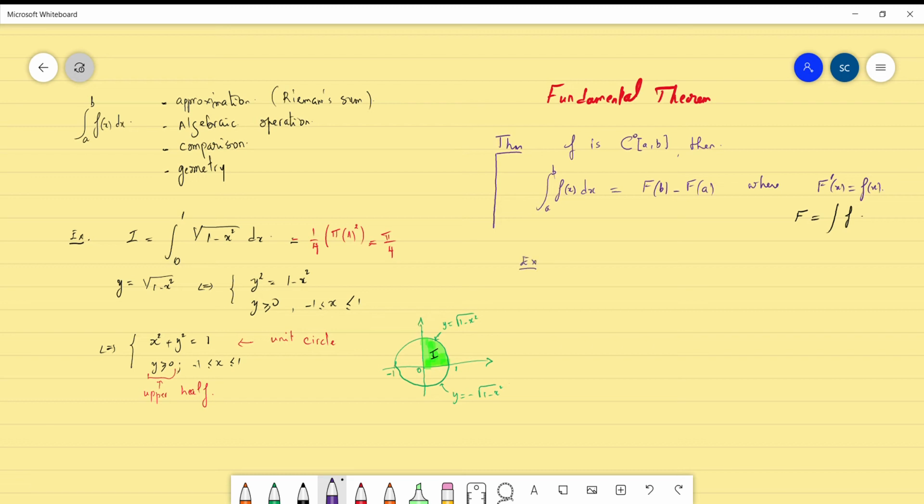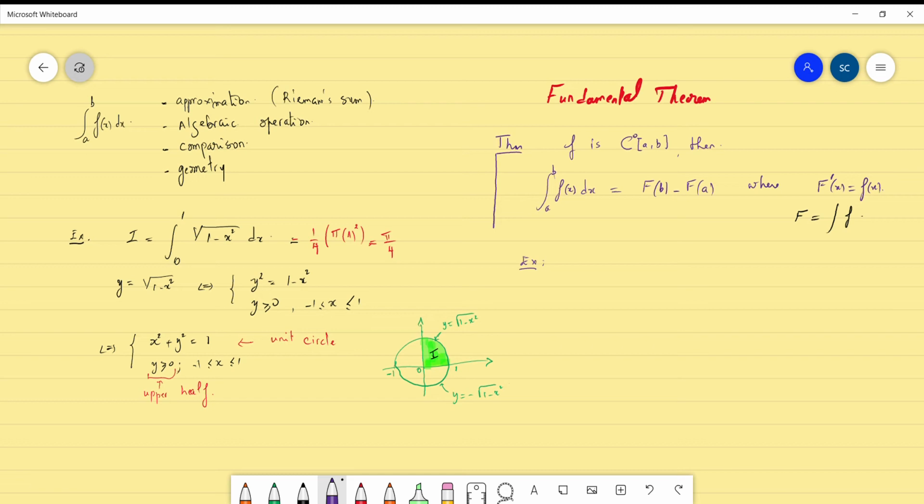For the previous example we started with, we have a function. For a moment we don't know how to compute an antiderivative of square root of 1 minus x squared, so we won't be able to use the fundamental theorem now. But we do know an antiderivative for power functions.